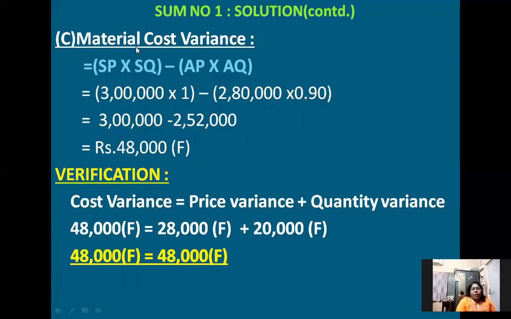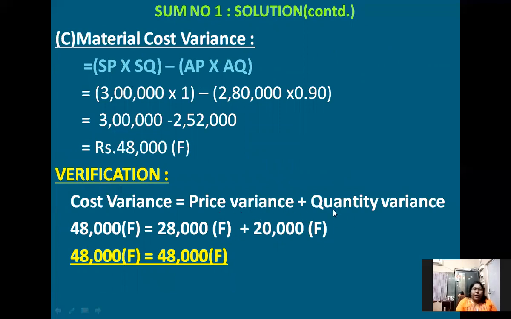Next, we'll move on to the third variance, material cost variance. Whenever you calculate the material cost variance, either you work it out based on the formula, or you can use a short way, because I already insisted that material cost variance is the summation of price variance and quantity variance.